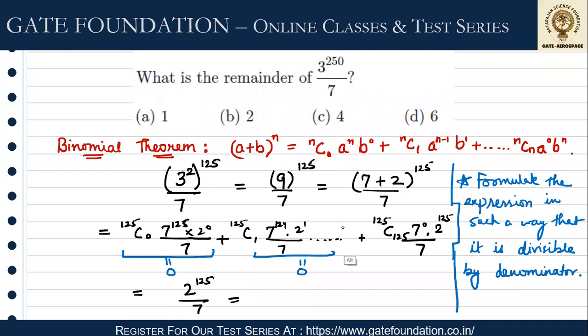Now, in order to find this, how do I proceed? In this case, I'll be using the cyclicity. I'll reduce the power of 2 over here. What is the cyclicity of 2? 4. So I'll just eliminate the number closer to 4.